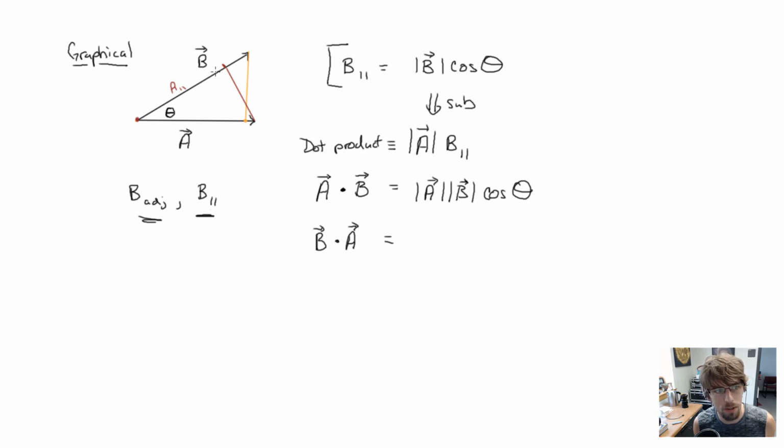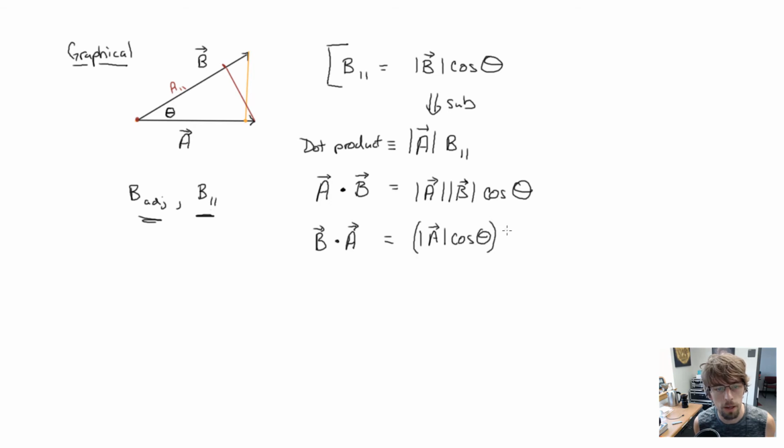I have a right triangle right here, this red line, vector A, and then this A parallel. That's still a right triangle. If I want to get the parallel component, well, that's just the magnitude of A times cosine of theta.